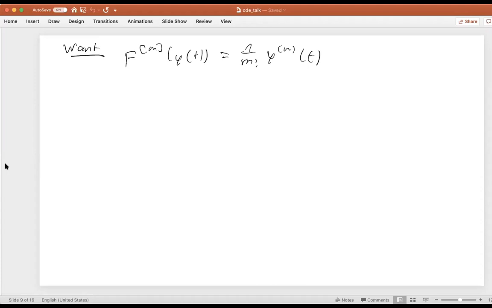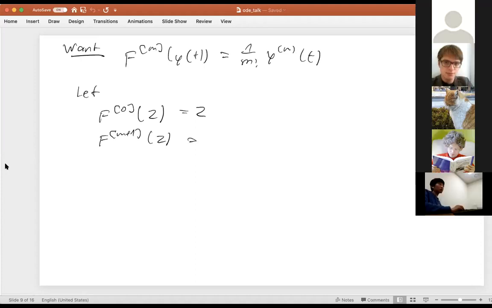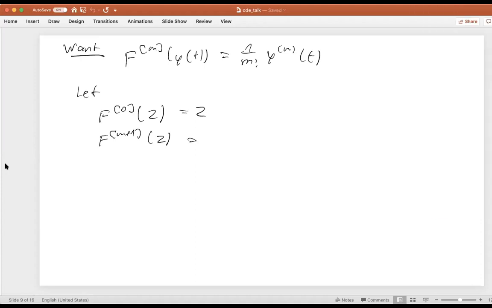And what we do is we inductively define the sequence by saying f_0 is just the identity function, and f_{m+1} is 1 divided by m plus 1 times f times the derivative of f_m, the previous function. So why does this work?